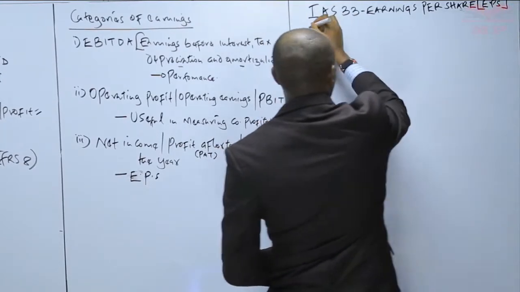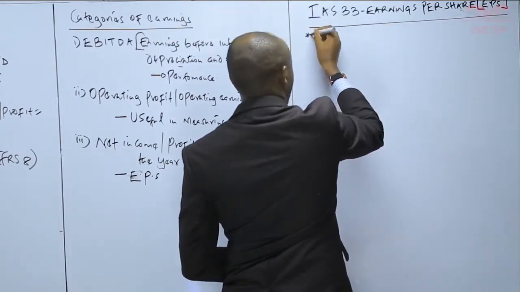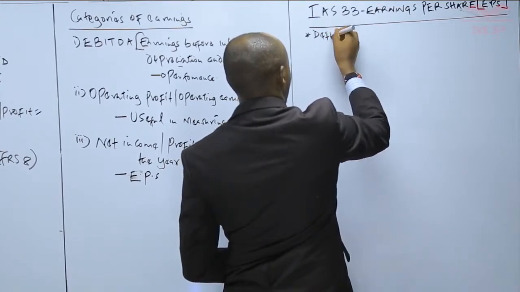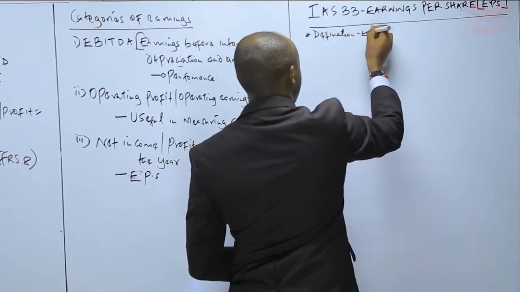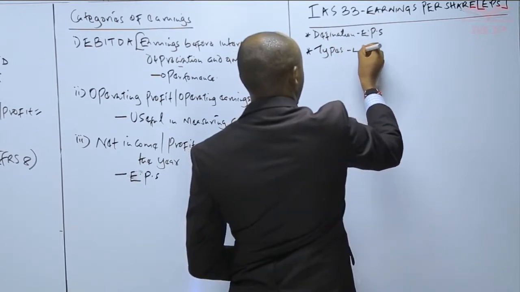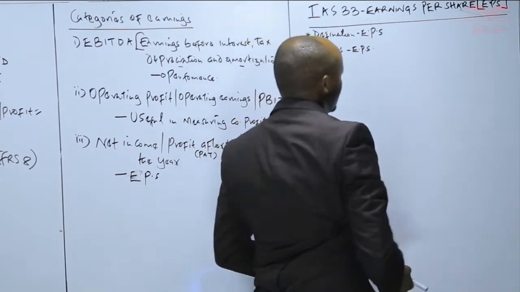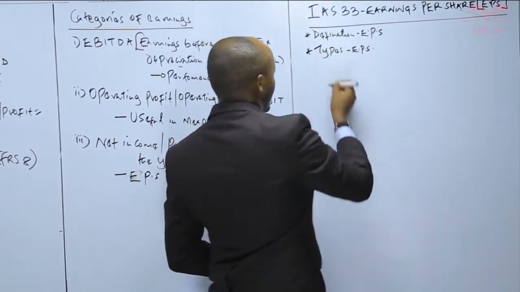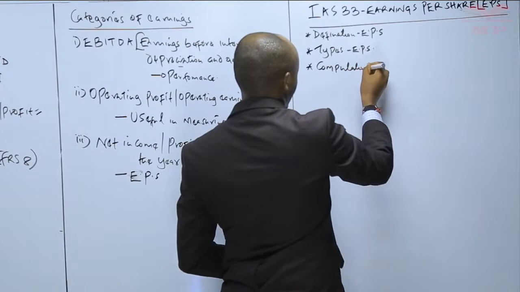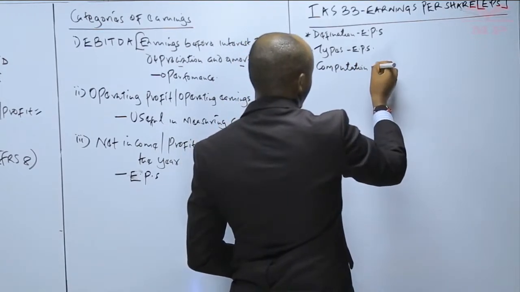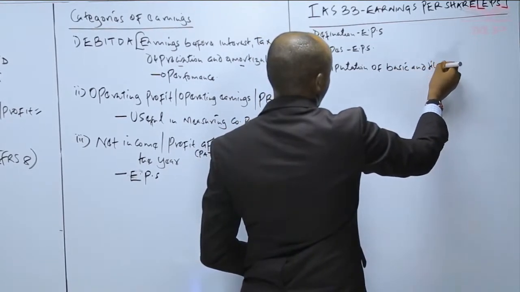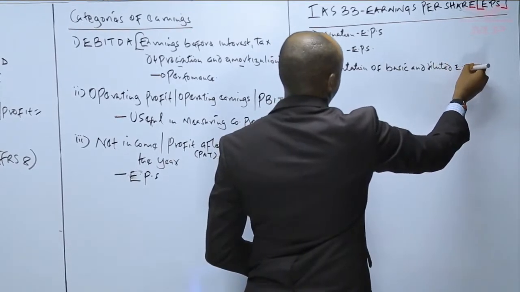In this subtopic, we are going to look at a number of issues. One, the definition of earning per share. Two, the types of earnings per share which need to be computed and disclosed by an entity. Three, the computation of those two types of earning per share, basically the computation of basic earning per share and diluted earning per share.